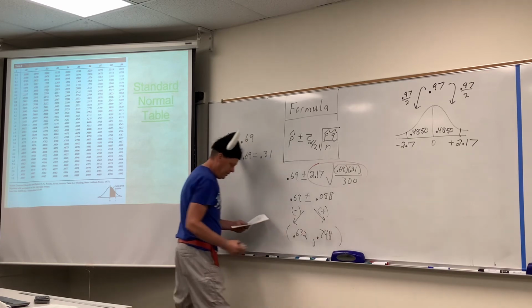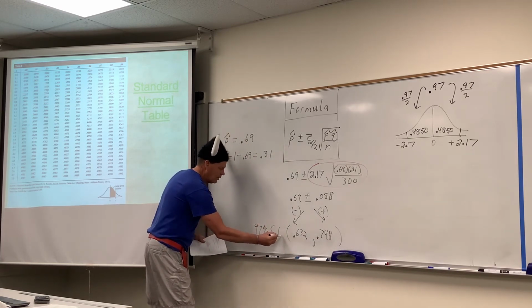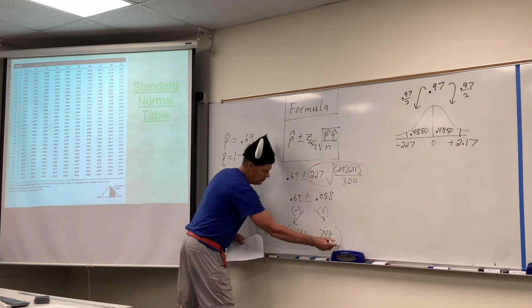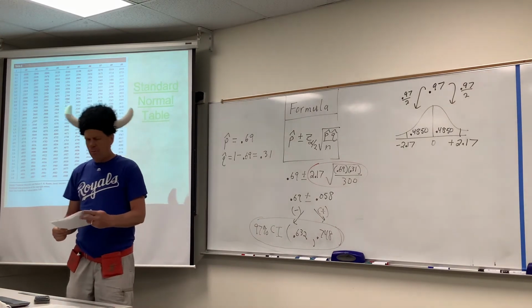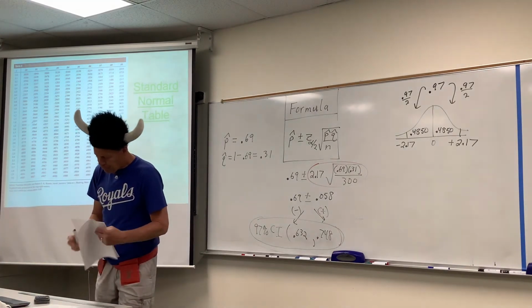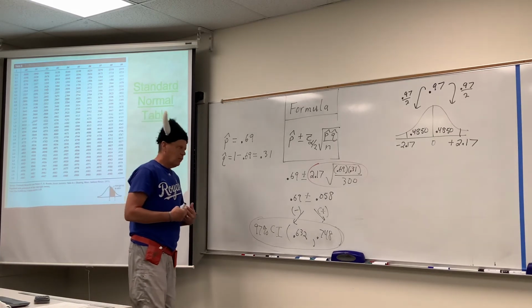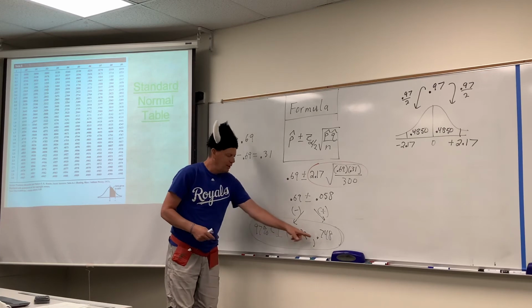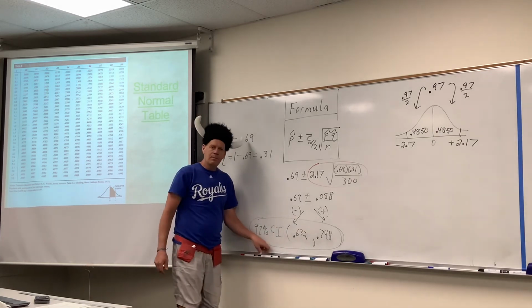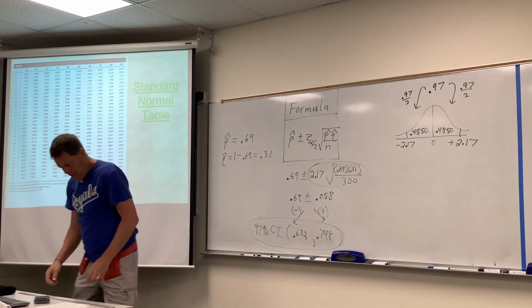Let's label the fact that this was created with 97% confidence. The point is that if we do this process a large number of times, the characteristic that we wish to estimate will fall in the interval between here and here 97% of the time. That's why we call it 97% confident.